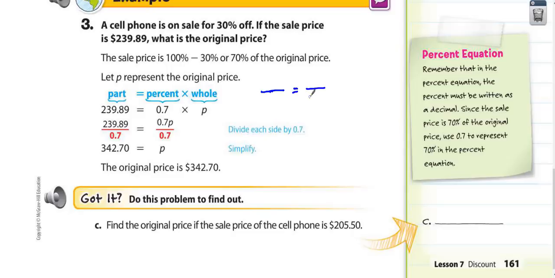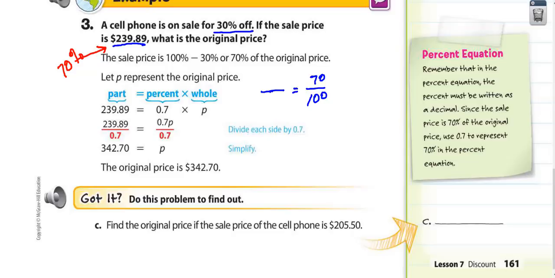Remember doing this? You know that's 100%. You know that we've got 70%. The part, since it's 30% off, now I got the 70% because that's how much this is. If it's 30% off, then this amount is the 70% still that you're paying.